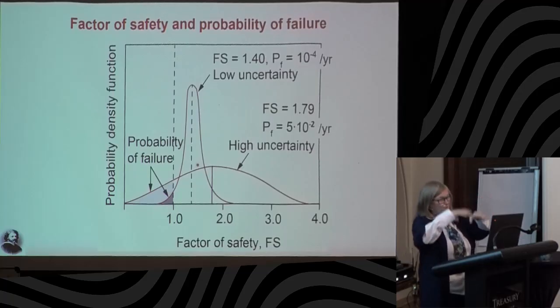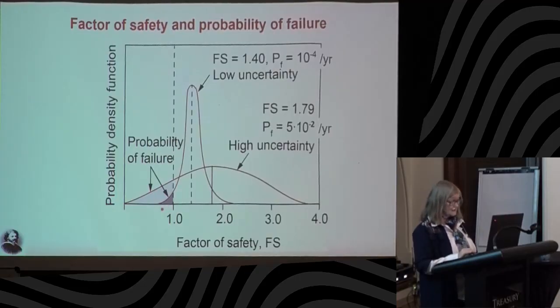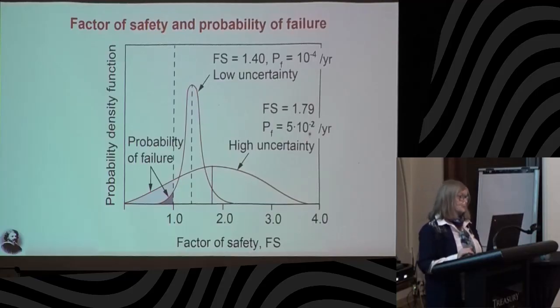So it's squat, flatter and wider. And then look at the zone where the safety factor can be less than 1. It is much bigger. So a lower safety factor can give you a much lower probability of failure. In this case it was 10 to the minus 4 per year, whereas the one with the safety factor 1.8 gave 10 to the minus 2 per year.